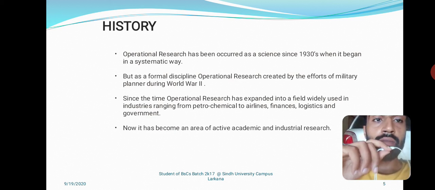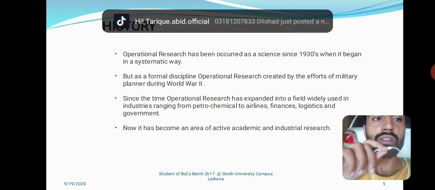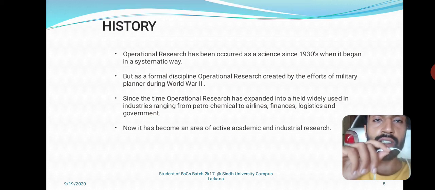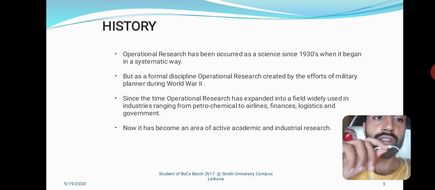Since that time, operational research has expanded into a field widely used in industries ranging from petrochemical, airline, financing, logistics, and government. Now it has become an area of active academic and industrial research.